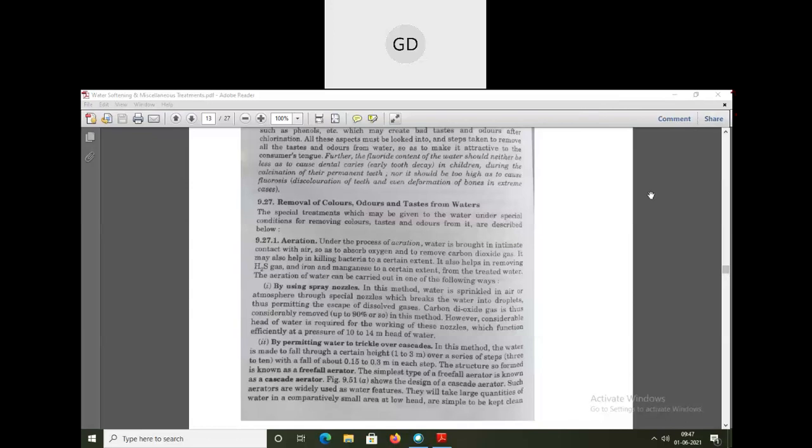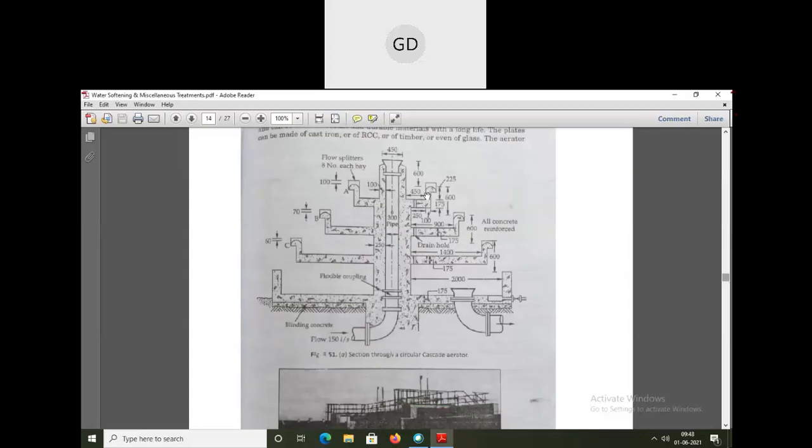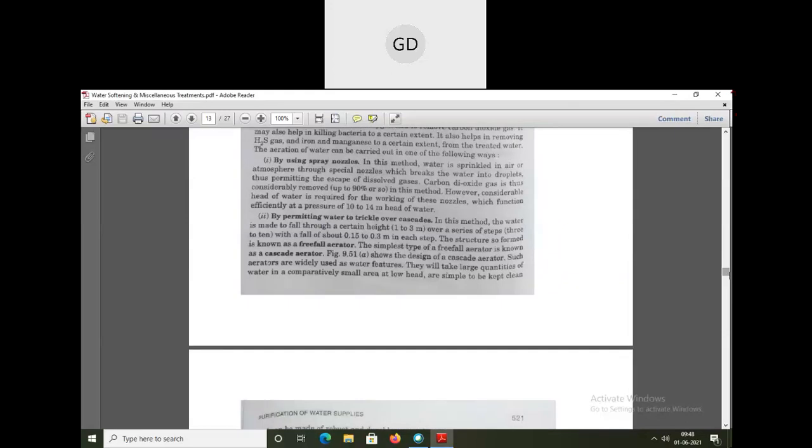The second one is the cascade, like step-like things. In trickle over cascades, the water is allowed to fall through a series of steps, like I showed you just now in the diagram. In reality it is some kind of steps, and the height is about 1 to 3 or 4 meters.